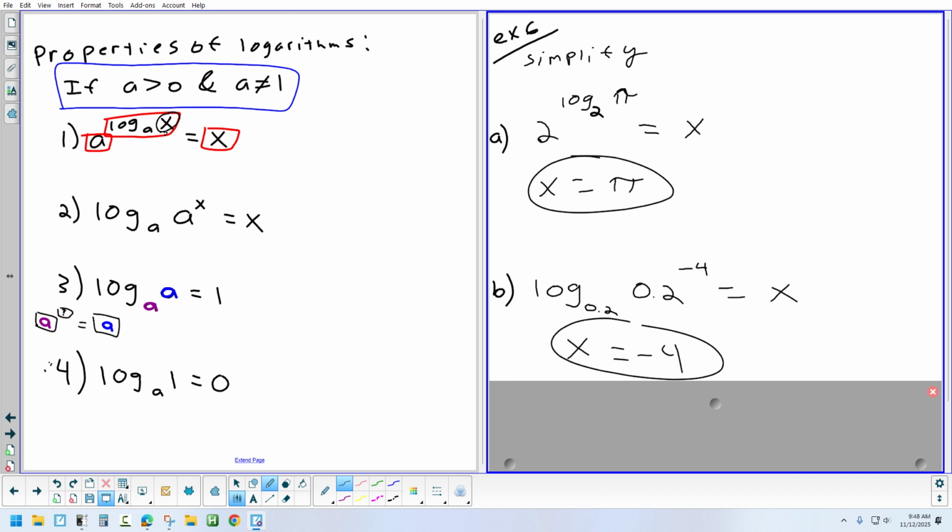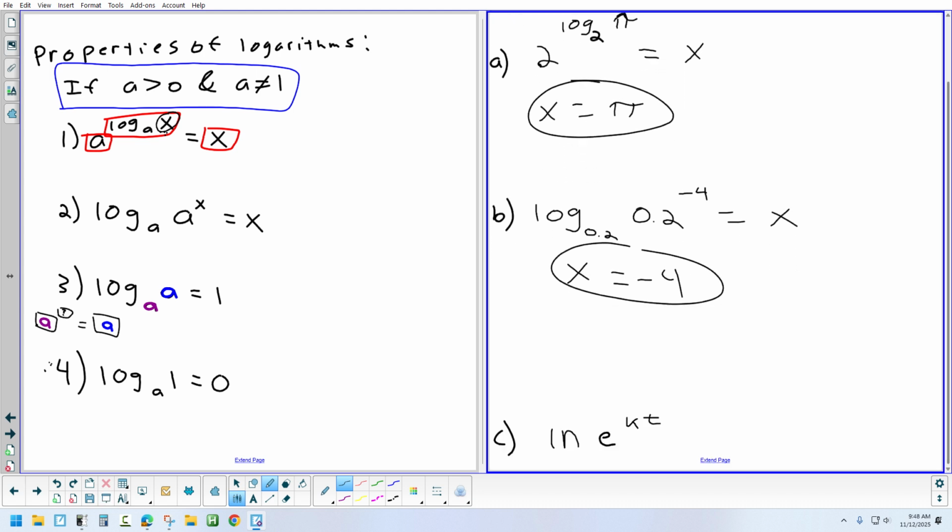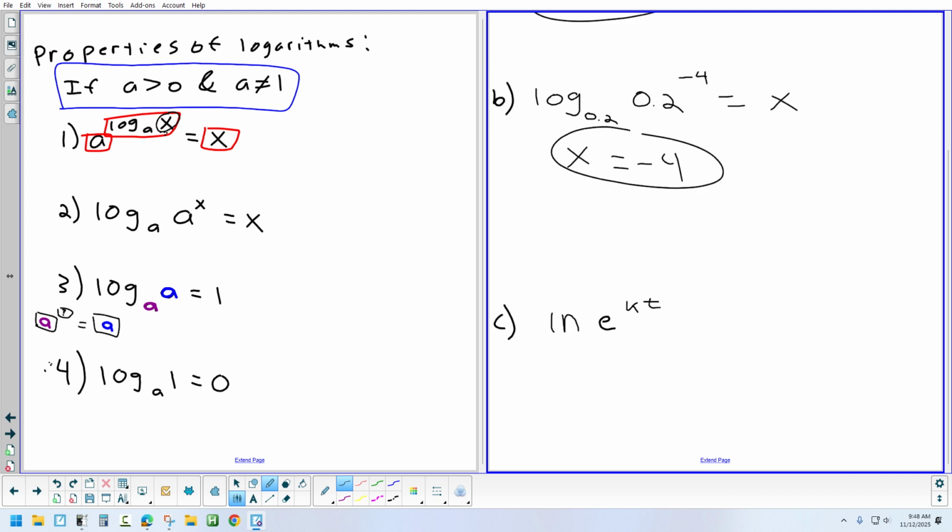All right, let's look at this one. Okay, it can be a little tough to figure out which property this is right away. But which property is that one?